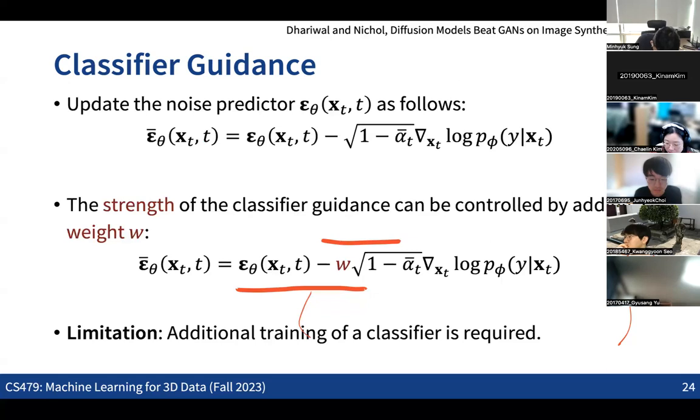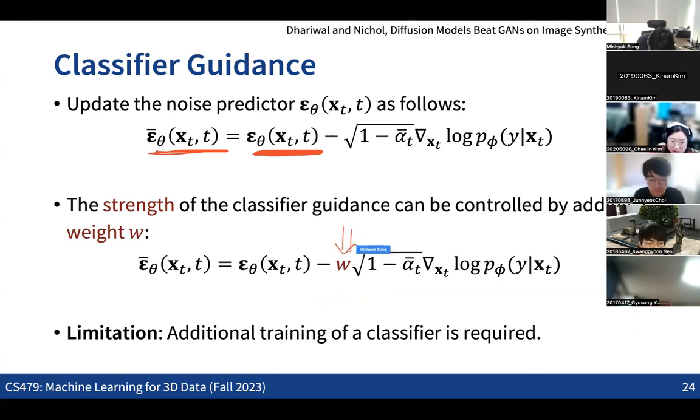So in the reverse process, what we are going to do is use this as the epsilon_t instead of the direct output from the noise predictor. And then we can even try to control the strength of the classifier guidance by multiplying some kind of weight here.